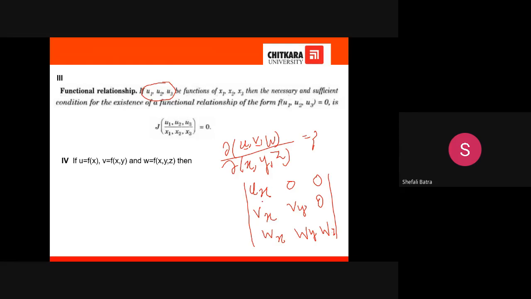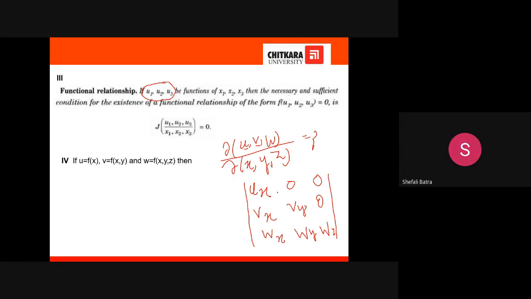Right? So what is the value of its determinant, beta? What will be the value of the determinant? Find out. It's ux, vy, wz.